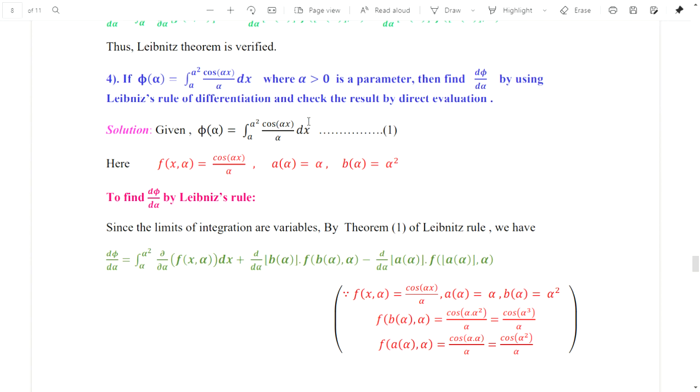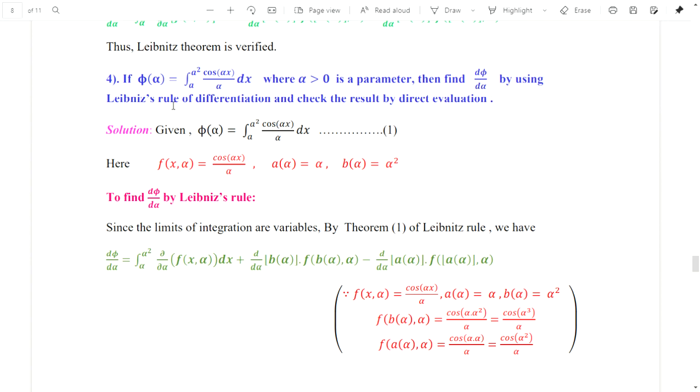So here, given phi of alpha is equal to integral of alpha to alpha squared cos of alpha x by alpha into dx. So here f of x comma alpha is cos of alpha x by alpha, and the upper limit is alpha squared, which is nothing but our b of alpha, and the lower limit is alpha, so a of alpha is equal to alpha.